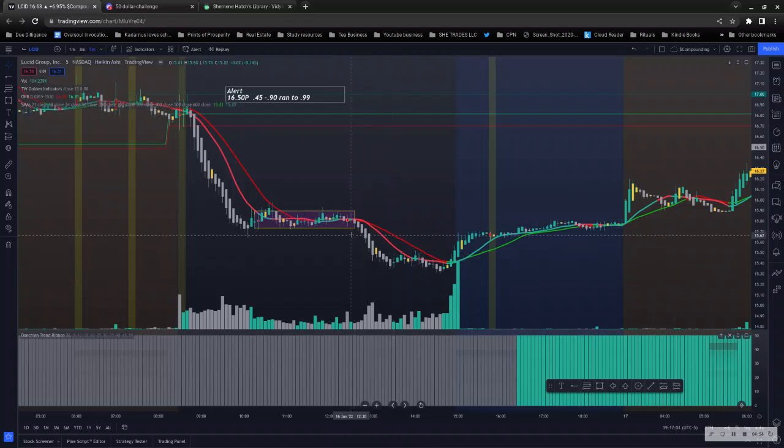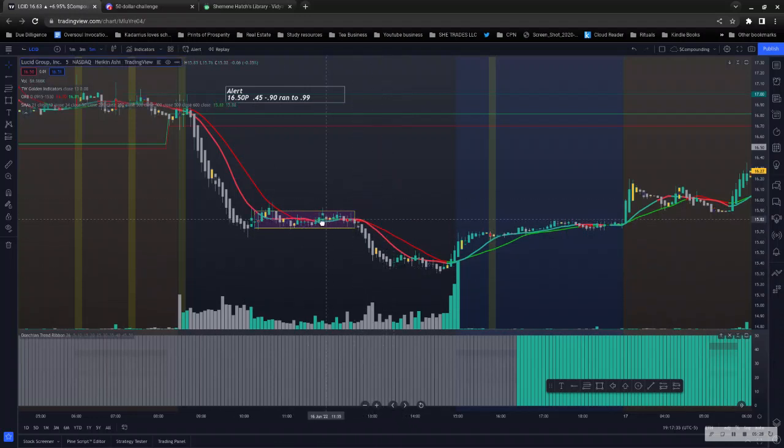So when you're alerting a trade to someone and they're spending their money, you don't want to gamble with them. But if it was a personal trade of mine that I was just staying in and trading along by myself, I would have drawn my rectangle to see, is it going to break down further, or is it going to break to the upside before exiting the position? So we got to 90 cents here, which was still perfect, and then 99 cents, a little lower down here.